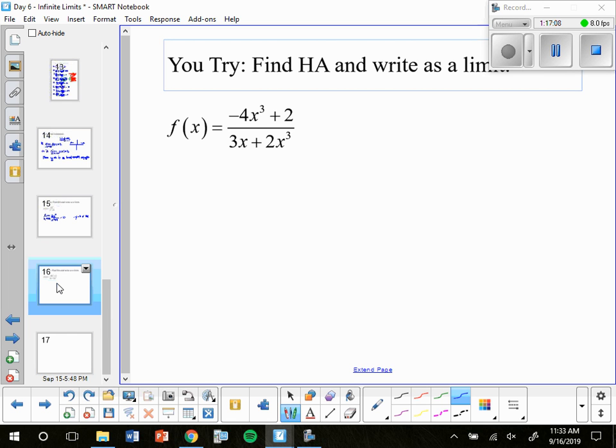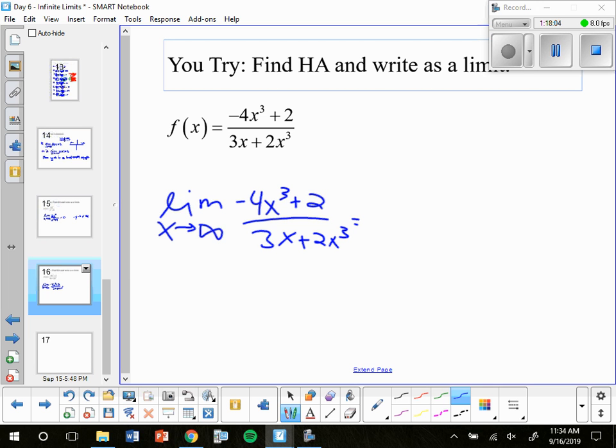Find the horizontal asymptote and write it as a limit here. I'm going to look as x gets really, really big, is my function going to level out at any specific y value?